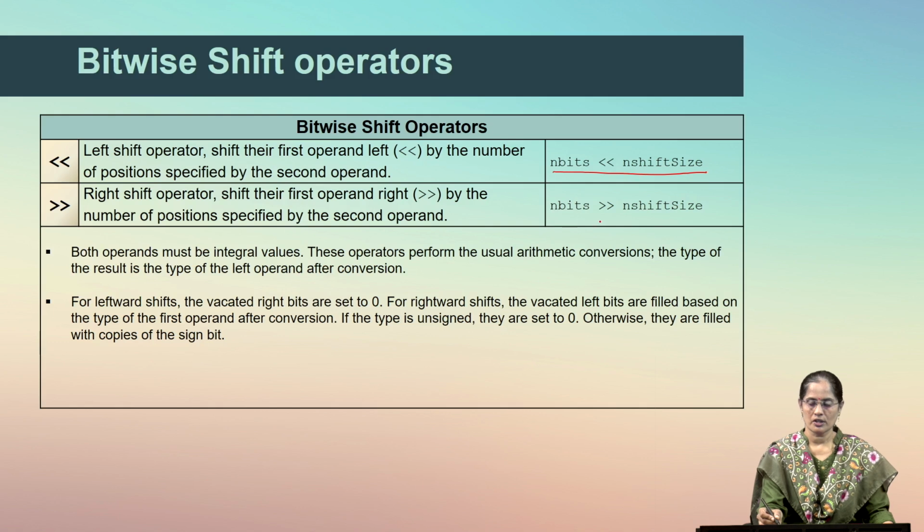Similarly, for the right shift operator, we can represent what bit stream we want to right shift and how many bits we want to move towards right, mentioned with the right hand side operand. For leftward shift, the vacated right bits are set to 0.